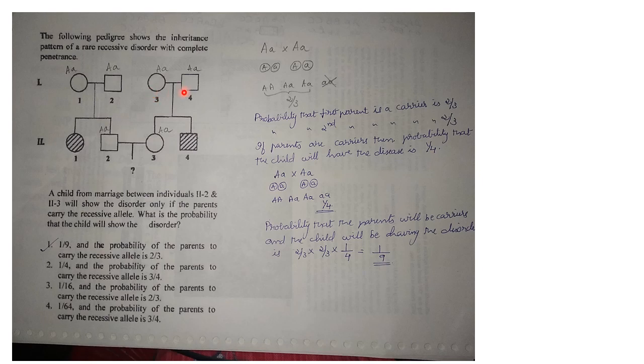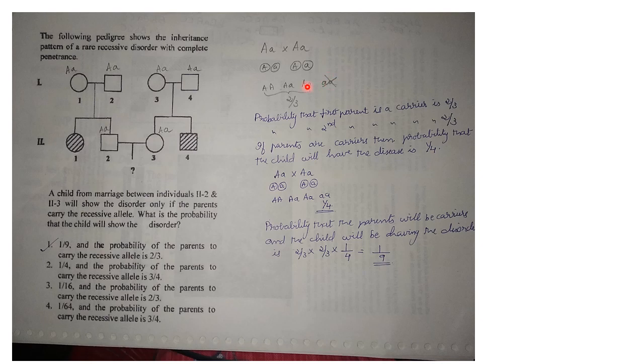Now they have asked for 2-2 and 2-3. A child from the marriage between 2-2 and 2-3 will get the disorder if the parents carry the recessive allele. So they are carriers of the recessive allele. So what is the probability that the first parent is a carrier? It is 2/3. Because a cross with AA and capital A small a, you will get offsprings like this, but you will not take small a into consideration for probability.